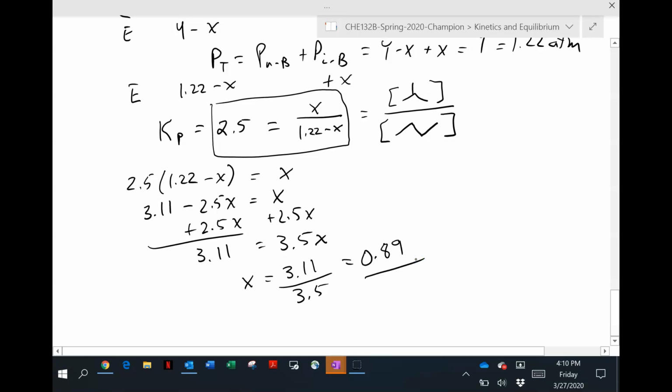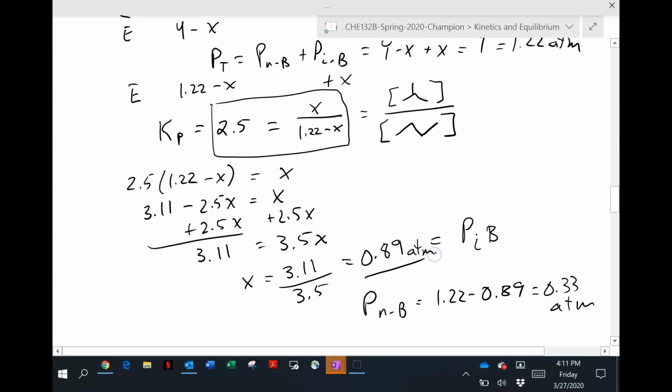If we look back at our E line, that will be our partial pressure of isobutane. Our partial pressure of N-butane is going to be 1.22 minus 0.89. That's about 0.33. And those are atms.